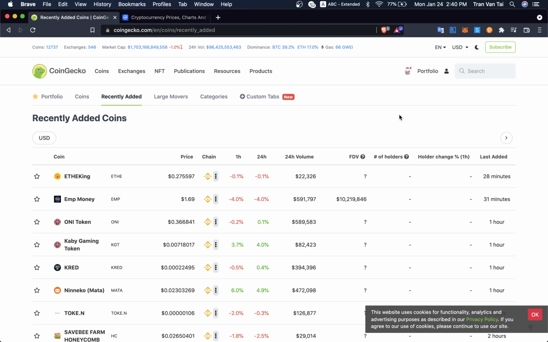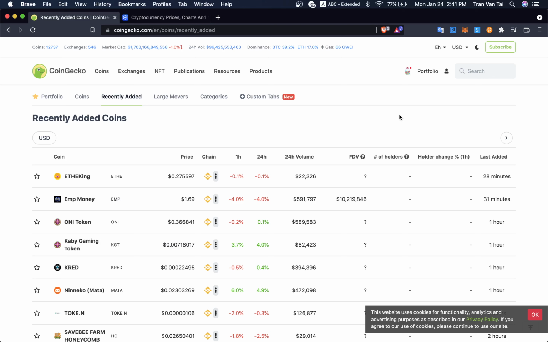Then after the IDO the price is 3 times, 4 times, or even 10 times the private sale or seed sale price. They will sell a lot after listing on CoinGecko or a centralized or decentralized exchange, so be careful before you buy any new token.